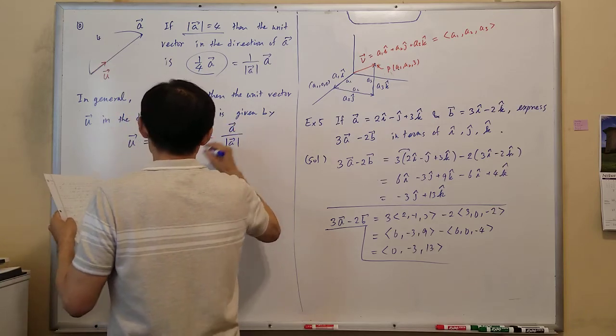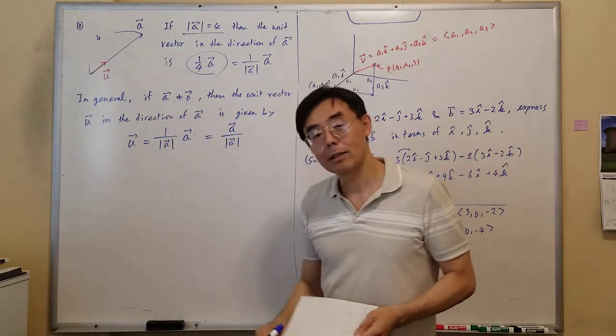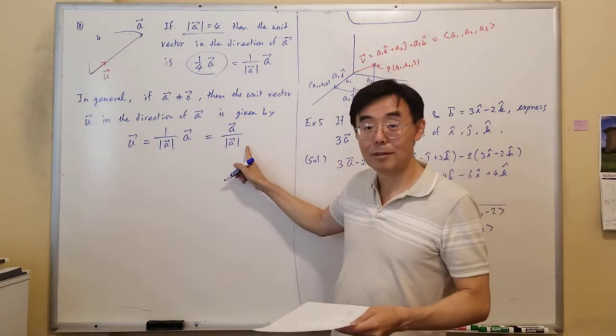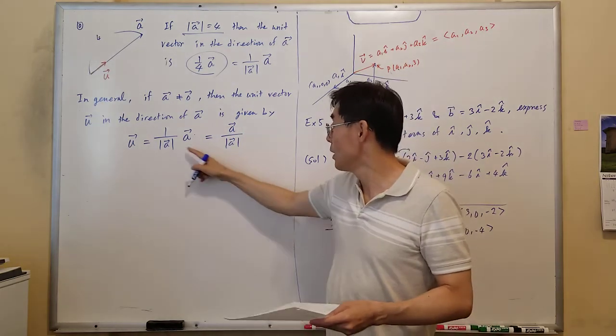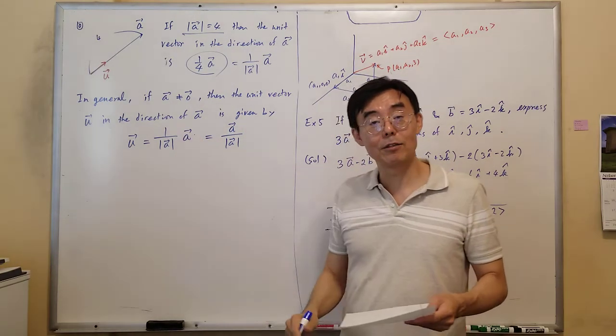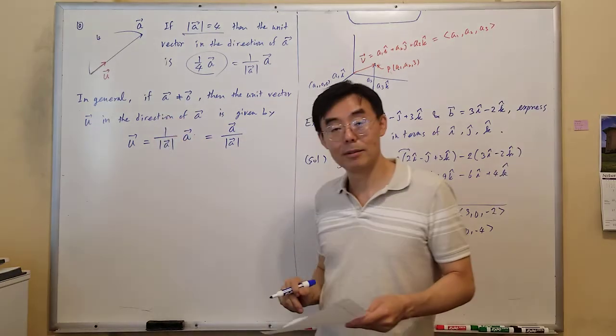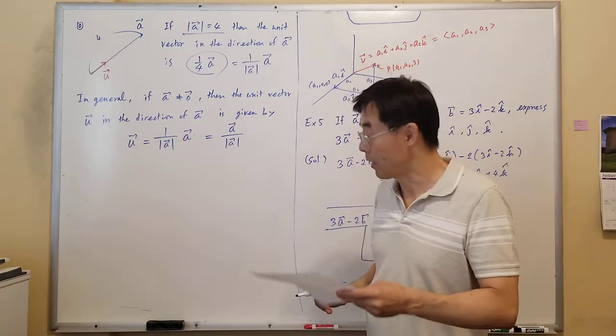It's not that we divide vector A by some scalar number, some real number. The original meaning of this notation is 1 over the magnitude of A as a constant multiple, a scalar multiple of vector A.